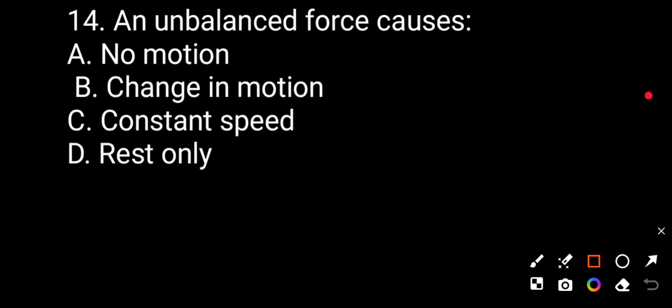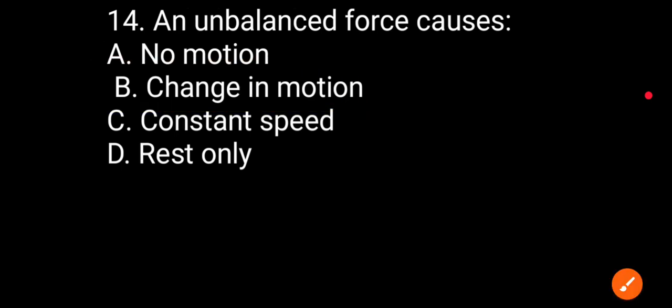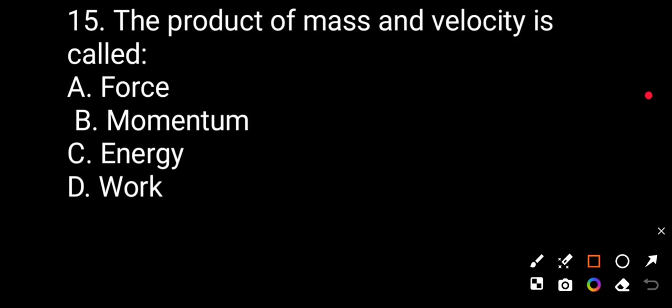Question 14. An unbalanced force causes no motion, change in motion, constant speed, rest only. Change in motion. Question number 15. The product of mass and velocity is called option A, force; option B, momentum; option C, energy; option D, work.